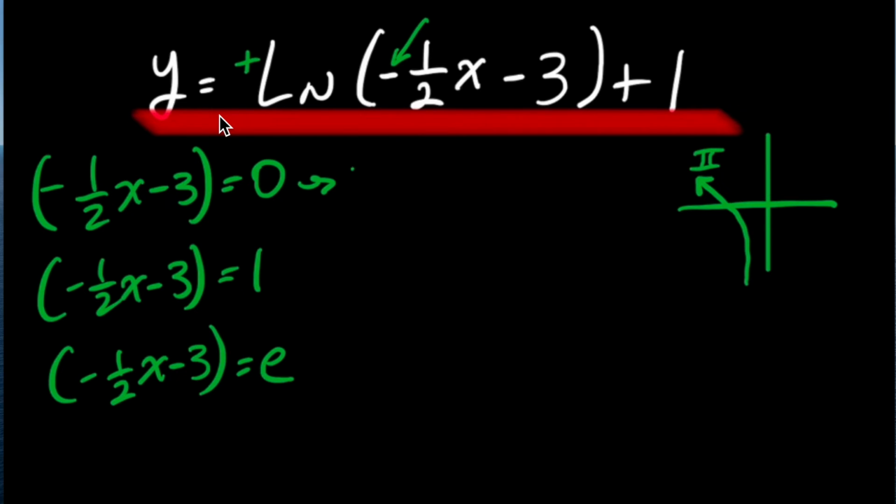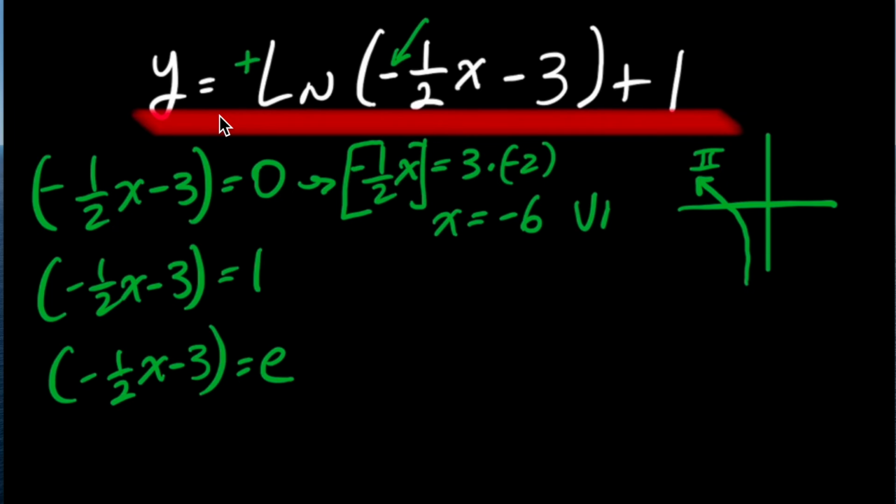We're going to have negative 1/2 x equals 3. And if I multiply both sides by the reciprocal of negative 1/2, that's going to be multiplying this side by negative 2 over 1. I'm going to end up with x equals negative 6, and that is our vertical asymptote.